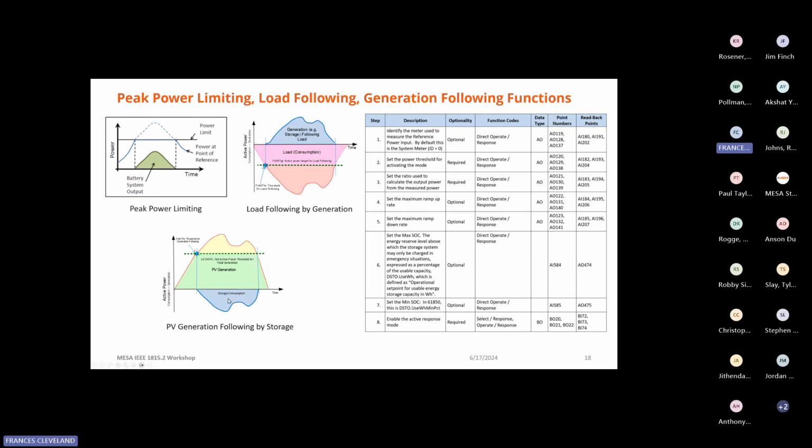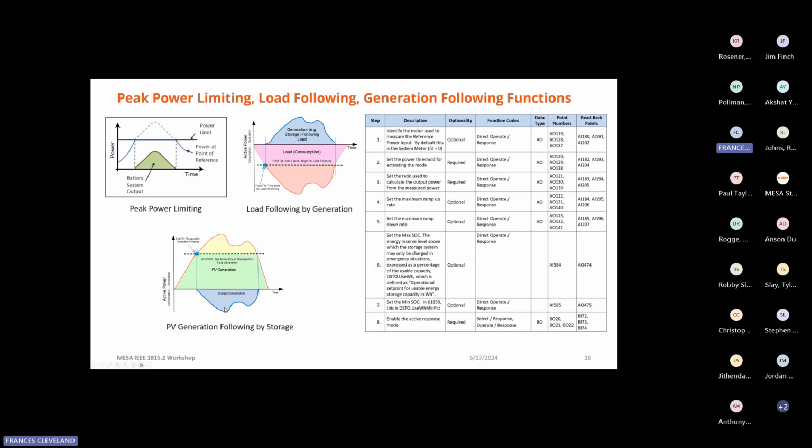So here you have the storage, and here you have PV generation. But as you can see, there are variations, fluctuations in the PV, and you may have a limit that you need to meet. And so you're going to charge your storage where it needs to compensate for the PV, or it could be discharge if you're trying to do something else.